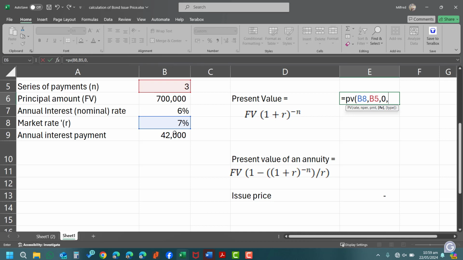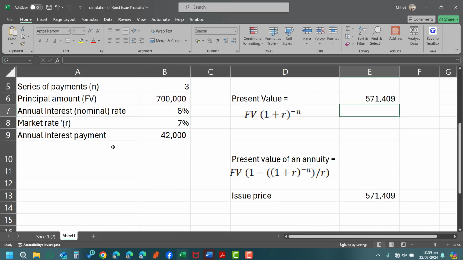Then comma, and then put a negative FV here, then bracket. The issue price will be the sum of the present value and the present value of an annuity of the interest. That we will do later on.